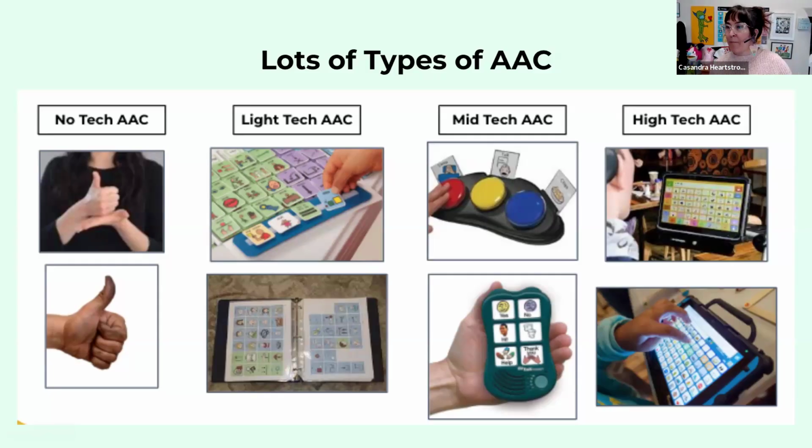But I feel like it would be really sad for me if I only had this paper-based method to communicate, or if I only had this mid-tech button output message method of communication. Why would you think that I say I don't want that?